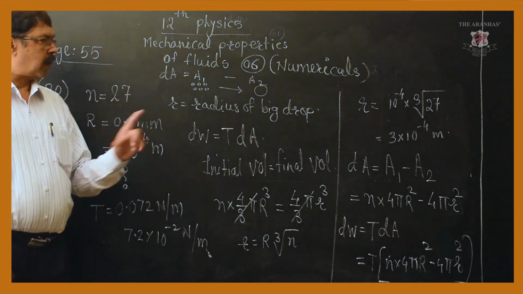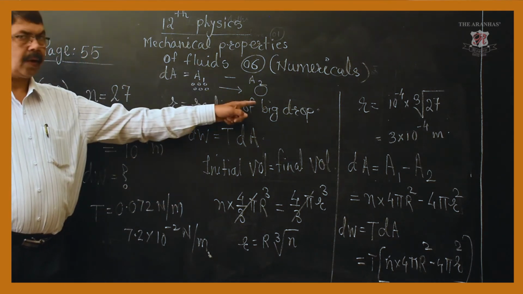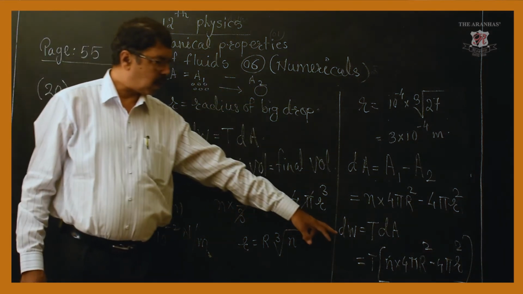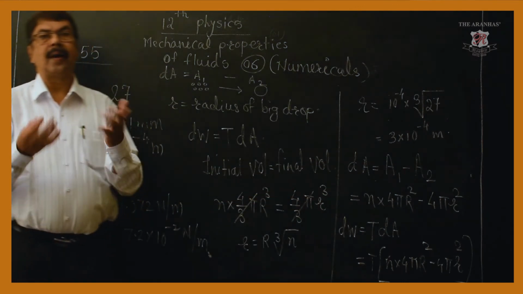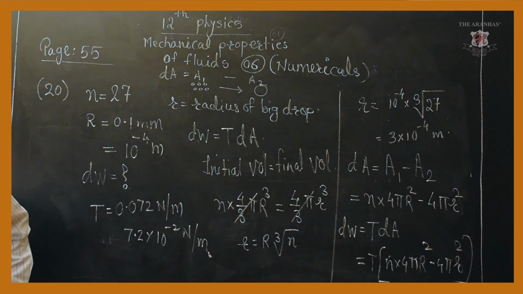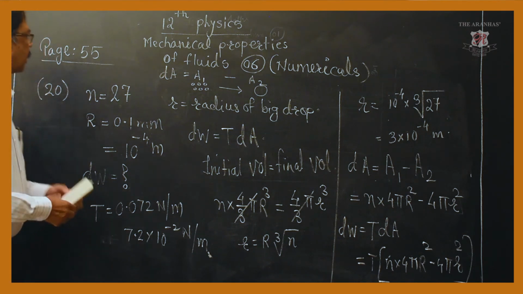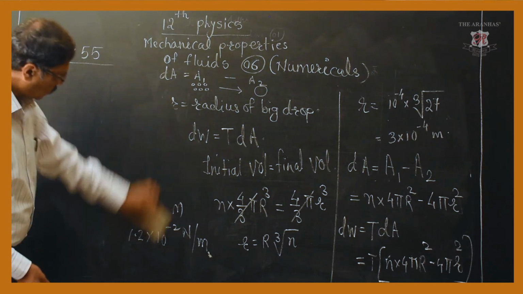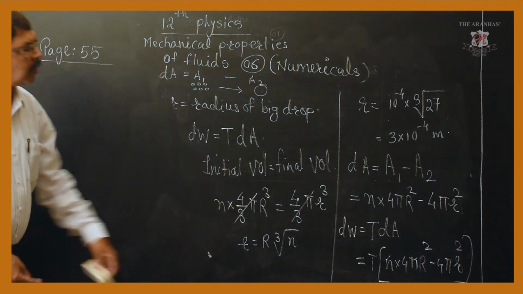What I have done, I have just found out the new radius. I have generated a formula for work done. But work done is change in surface energy. So now we can substitute the values and do the calculation part. Keep it easy.